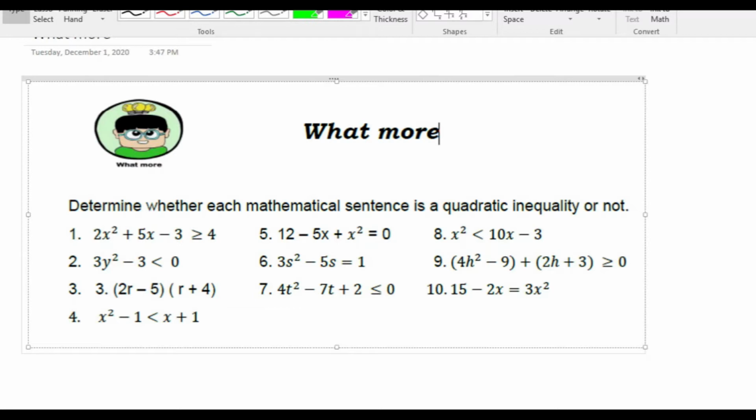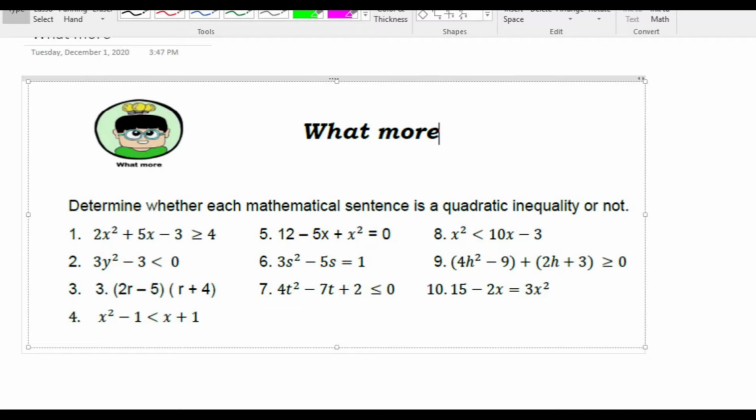I have already shown you the inequality symbols: is less than or equal to, is greater than, and is greater than or equal to. Number 1, 2x squared plus 5x minus 3 is greater than or equal to 4.